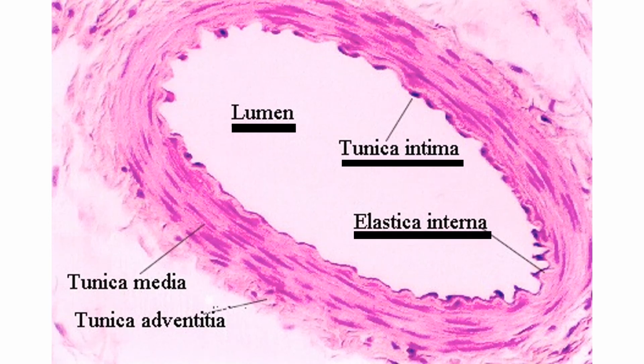And then we have the internal elastic lamina, this zigzag continuous line underneath the endothelium, and then the tunica media is made of several layers of smooth muscles, and you can see the several layers of elongated spindle-shaped nuclei of smooth muscles, and on the outer side it is the tunica adventitia made of loose areolar connective tissue.